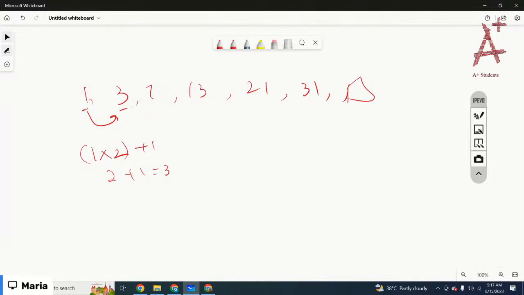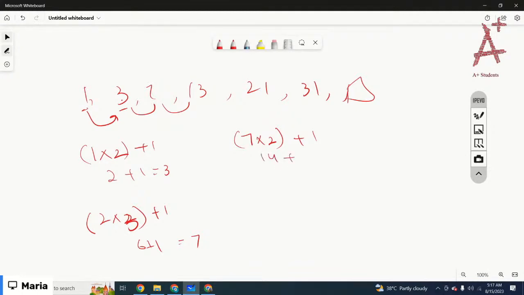Now from 3 to 7, how do you go? 2 times 3 plus 1. 2 times 3 is 6, 6 plus 1 is 7. From 7 to 13, you have to go 7 times 2 and plus 1, like you're multiplying each previous number by 2 and then adding 1 for the next number, right?